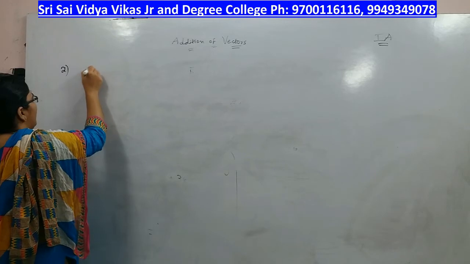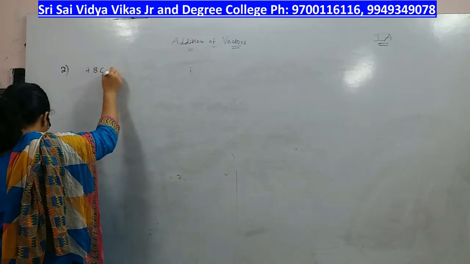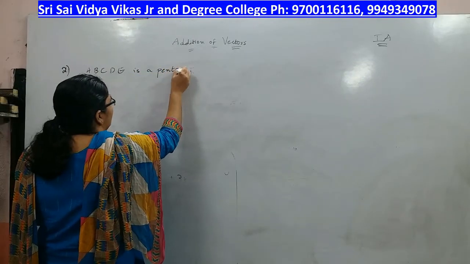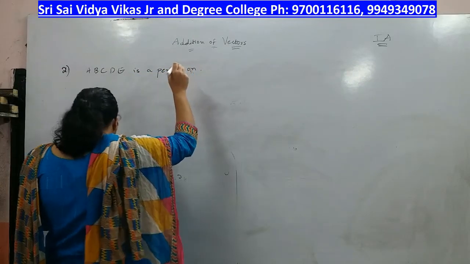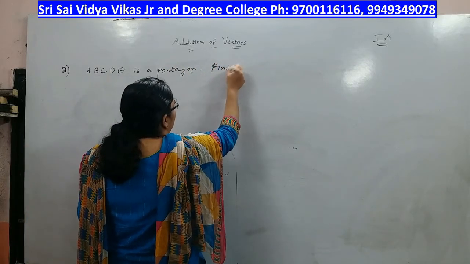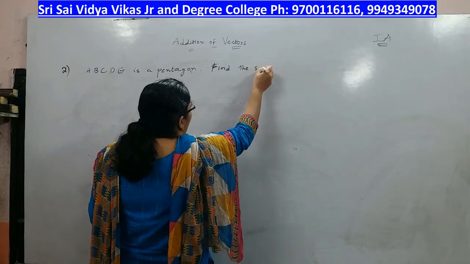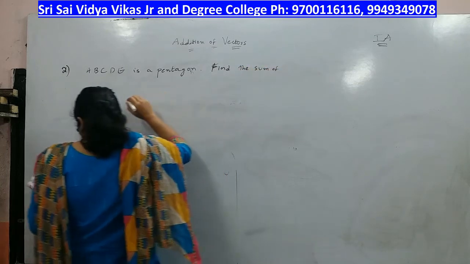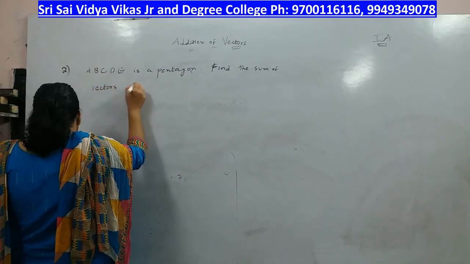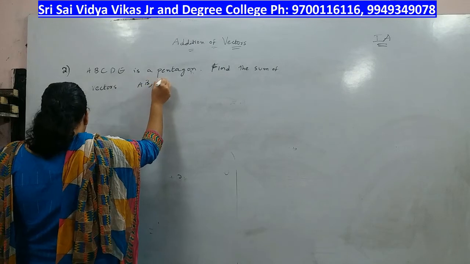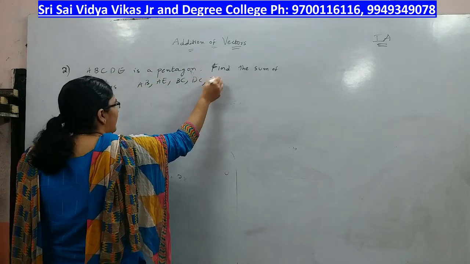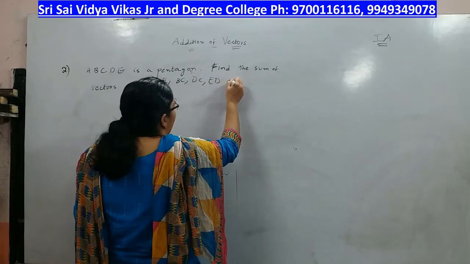Second problem. A, B, C, D, E is a pentagon. Find the sum of vectors AB, AE, BC, DC, ED and AC.